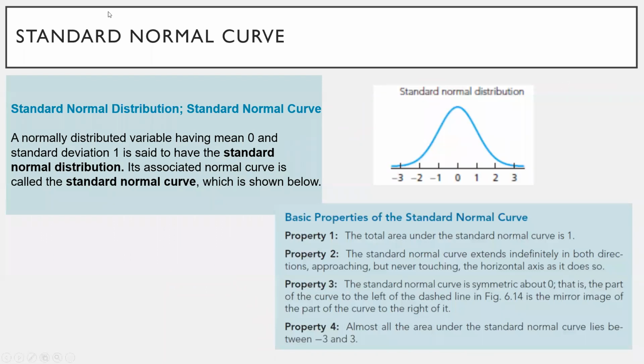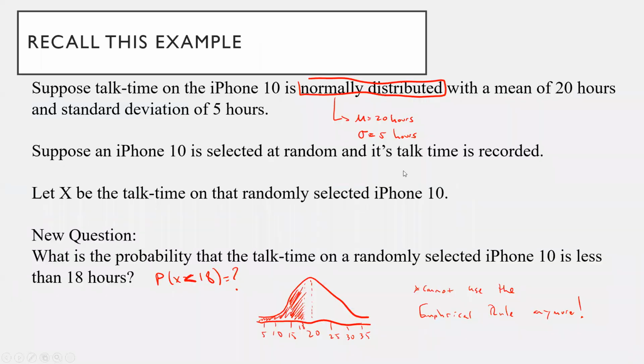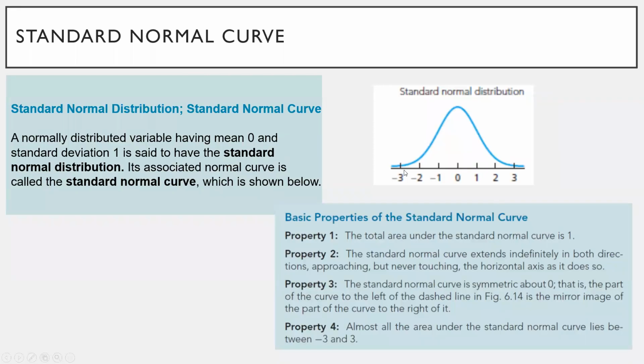So we're going to introduce what's called the standard normal curve, or standard normal distribution. All this is, is a very specific normal distribution. In mathematics, what do you think the two easiest numbers to work with are?